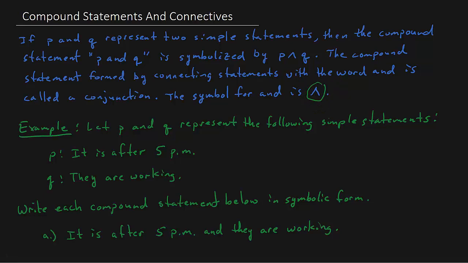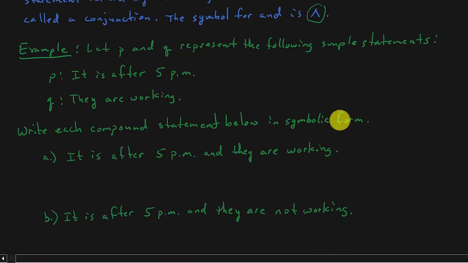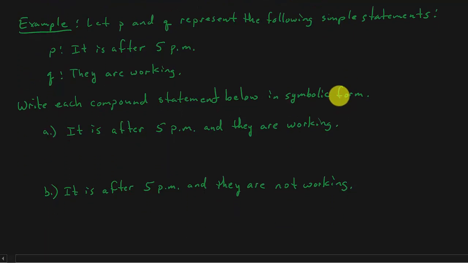All right, so let's go ahead and look at an example. It says, let P and Q represent the following simple statements. P represents the statement it is after 5 p.m. Q is the statement they are working. Write each compound statement below in symbolic form. All right, so A: it is after 5 p.m. and they are working.